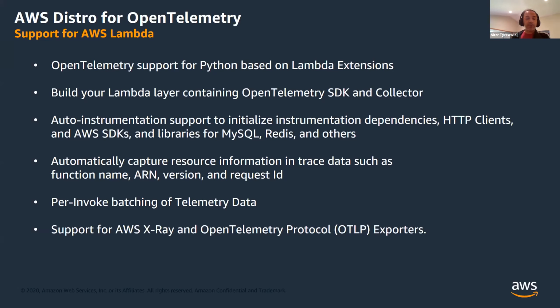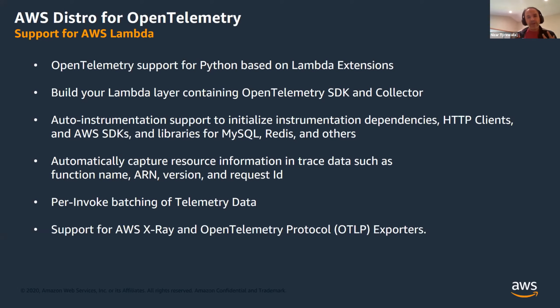So we have created a Lambda extension for the AWS distribution of OpenTelemetry, where the collector and SDK run as an extension, all packaged as part of one layer. So when you run a Lambda function, you can create a Lambda layer for OpenTelemetry, add it to your function, and start instrumenting and use open source APIs and SDKs to do that.